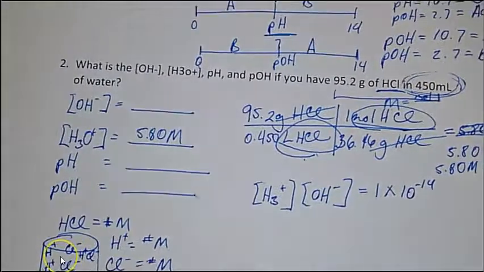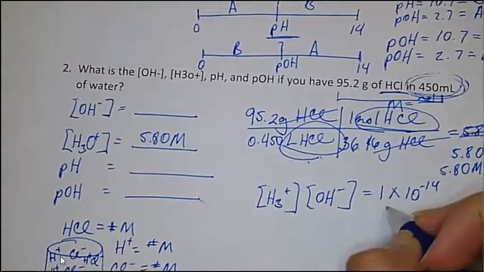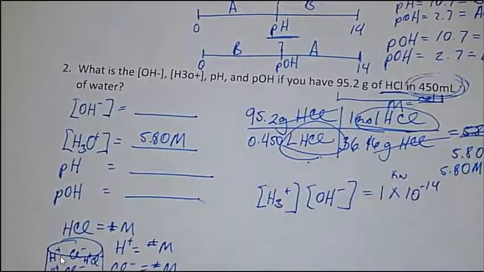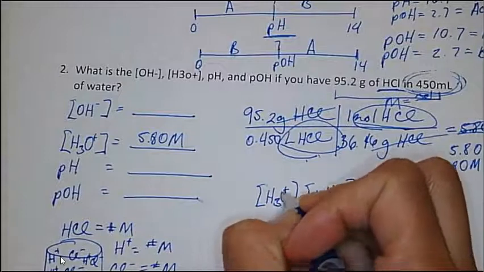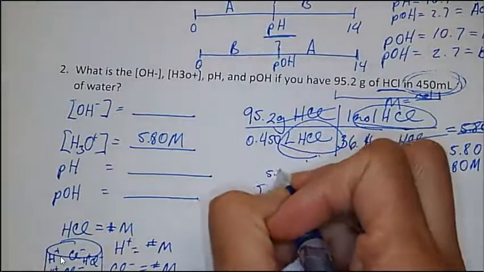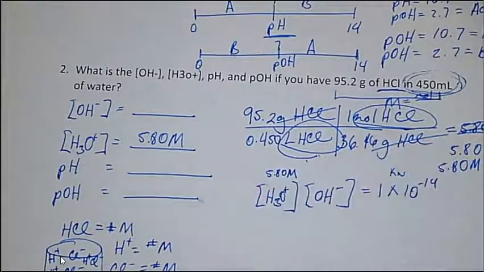Okay, so this 1.0 times 10 to the negative 14 is your Kw value. And of course, right here, you're given your hydronium ion concentration, H3O plus, and that would be 5.80 molarity.